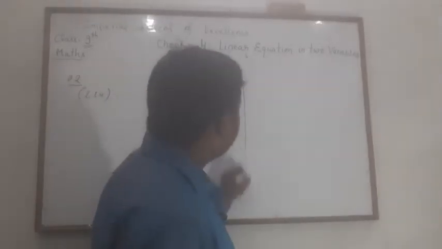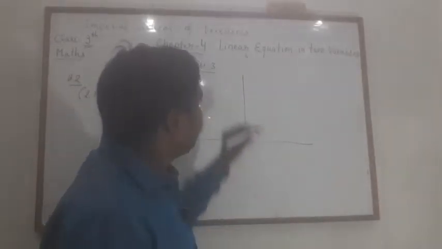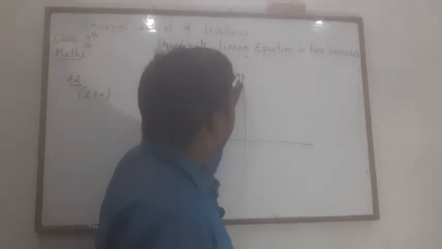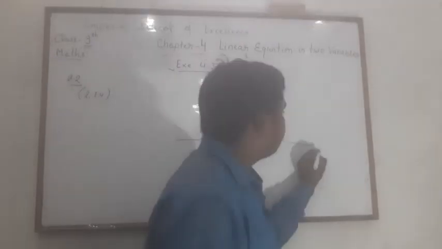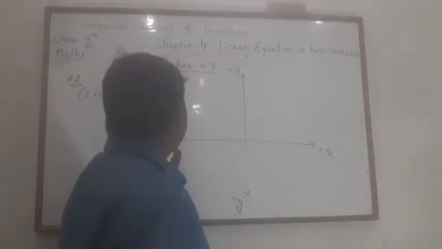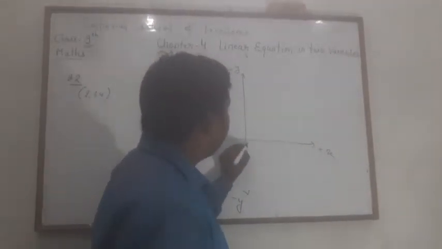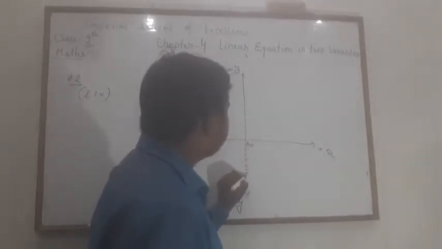If we talk about the location of this point, we need to draw the coordinate axes. This is positive y, this is negative y, this is positive x, and this is negative x. This is 0, and it goes 1 2 3 4 5 6 in the negative direction.